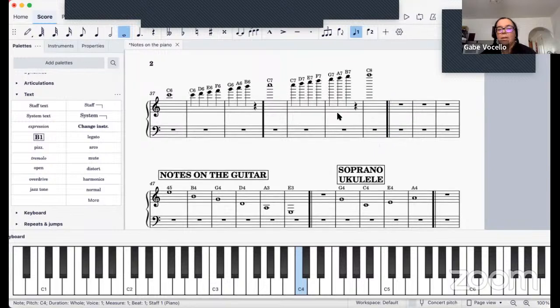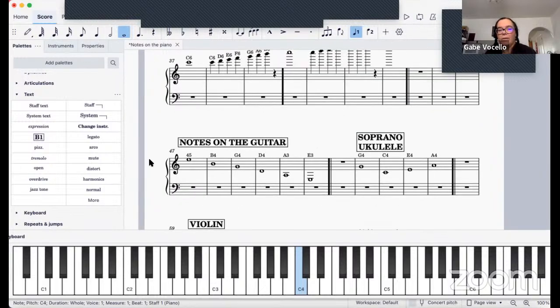Now the notes on the guitar, the open strings that you have on the guitar. So it's E5. Okay. The open strings, from the higher pitch note: E5, B4, G4, D4, A3, and E3.